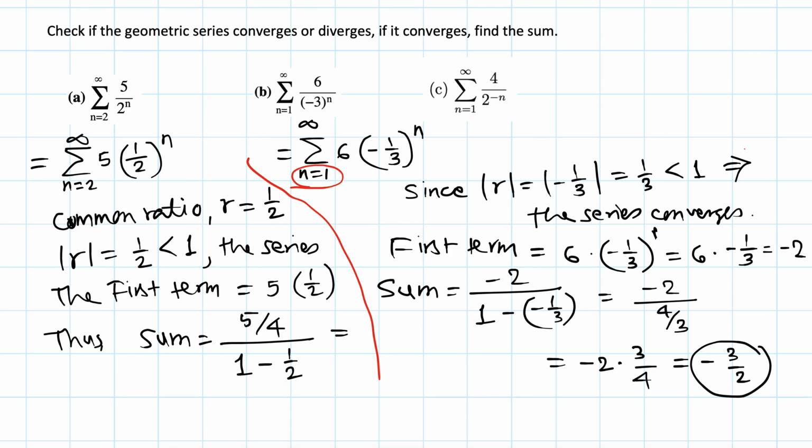Now let's do part C. Let's put this in the correct form, like a r to the n, where r is the common ratio. We have 2 to the negative n, and we need positive n, so we need to move this up. So this one is the same as n from 1 through infinity, 4 on the top, in front, times 1 over 2 raised to negative n.